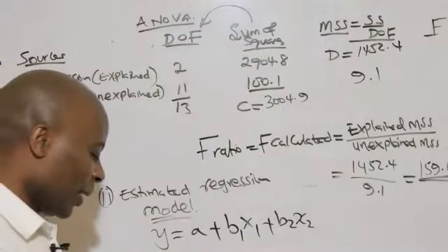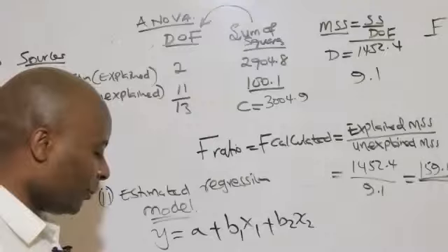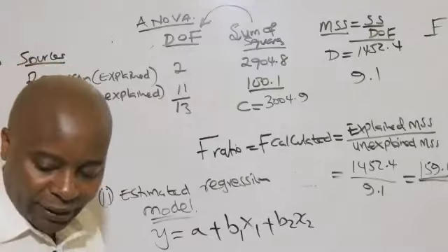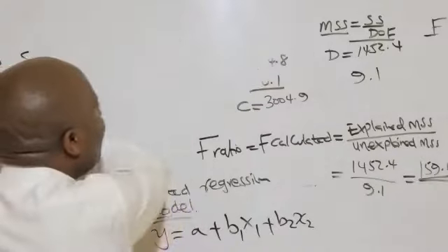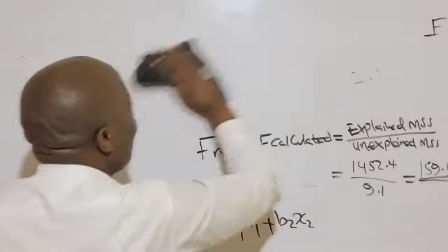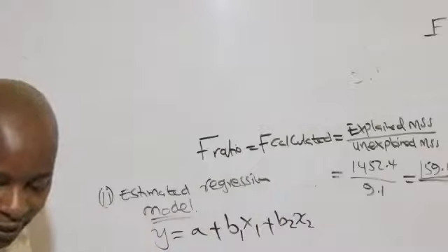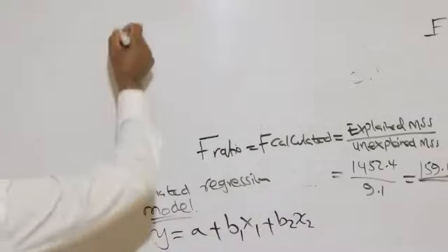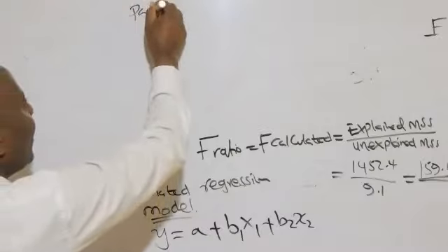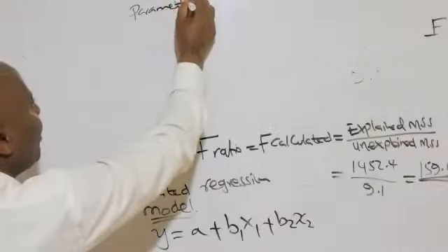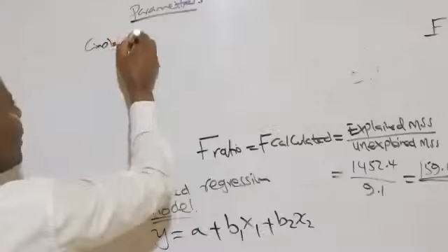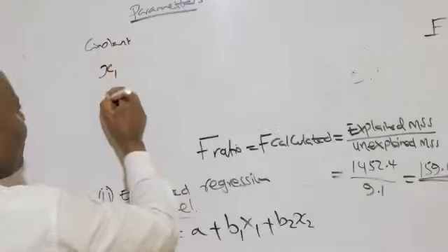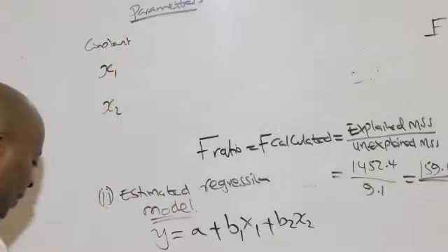Now, ladies and gentlemen, listen to me very well. The first table is the one that has got the parameters. In the first table, we have the constant, a parameter for x1 and a parameter for x2.